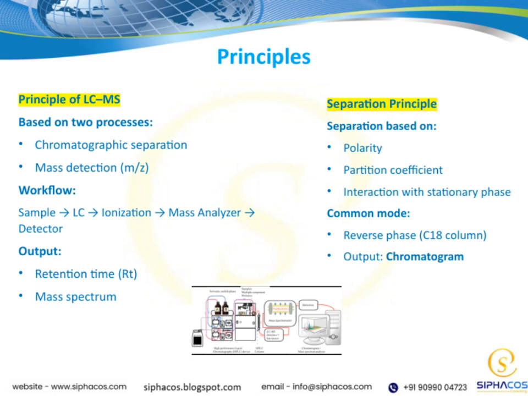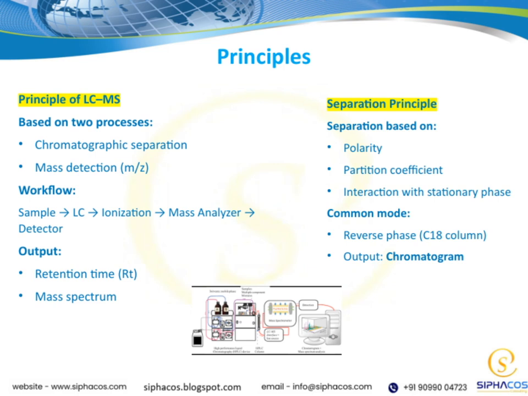Separation principles in chromatography are primarily based on different properties of the molecules we're analyzing. One key factor is polarity, how polar or nonpolar a compound is, which influences how it interacts with the stationary phase. Another important aspect is the partition coefficient, which describes how a compound distributes itself between the stationary phase and the mobile phase. Additionally, the way molecules interact with the stationary phase plays a big role in their separation.